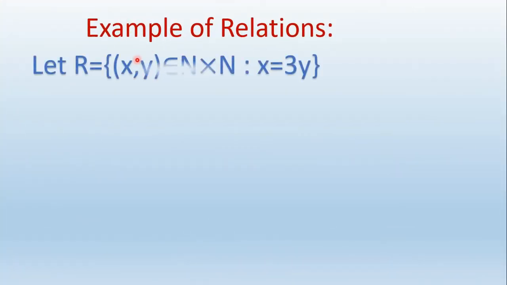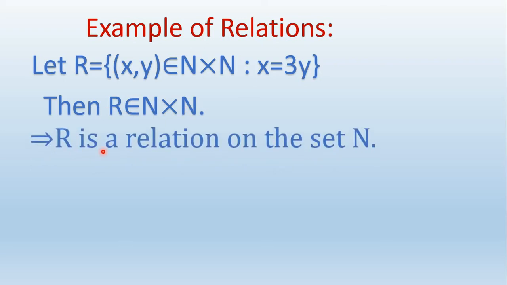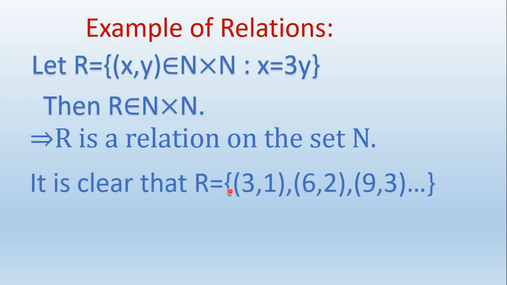There is an example of relations. Let R be equal to {(x, y) belongs to N cross N, where N is the set of natural numbers, such that x equals 3y}. Then R is a subset of N cross N, which implies R is a relation on the set N. It is clear that R is equal to {(3, 1), (6, 2), (9, 3), etc.}.